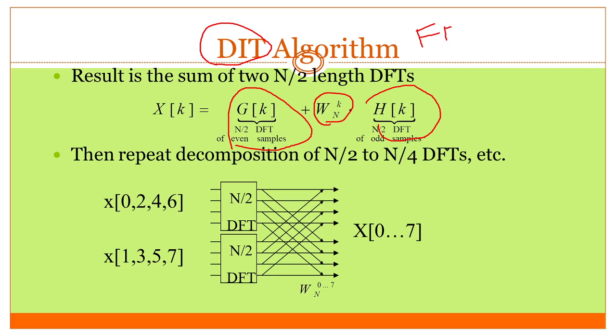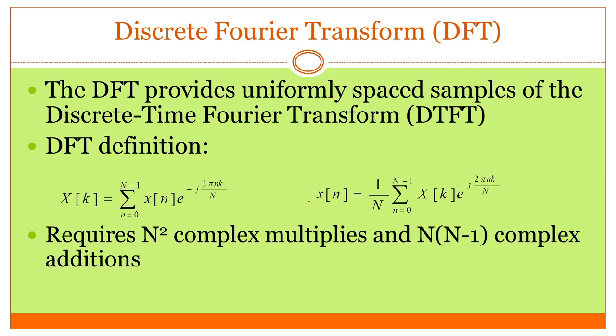So here you will find W of nk. So in this case, what is W? W is defined as e raised to minus j 2 pi n.